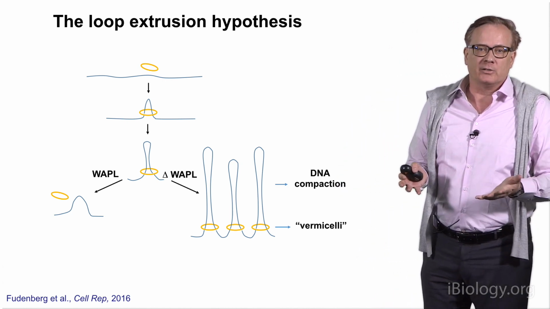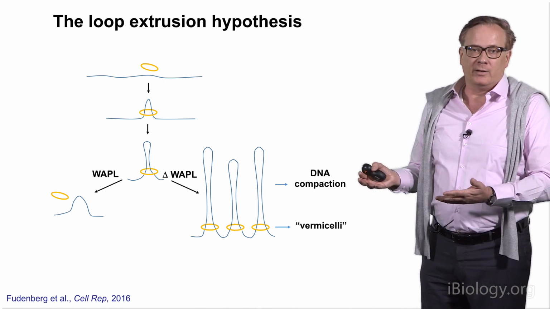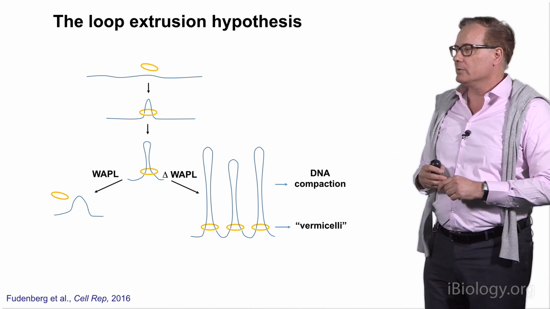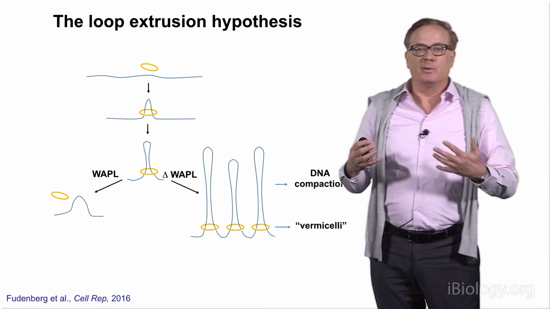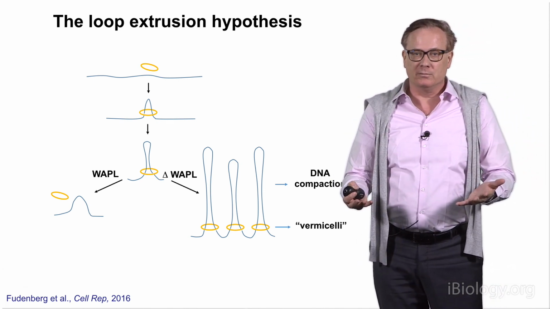And if one imagines cohesin could be such a loop extrusion factor, it could explain why WAPL depletion would give these really unusual, unexpected phenotypes, in the sense that if WAPL was present, we would know that it would limit the residence time of cohesin on chromatin.